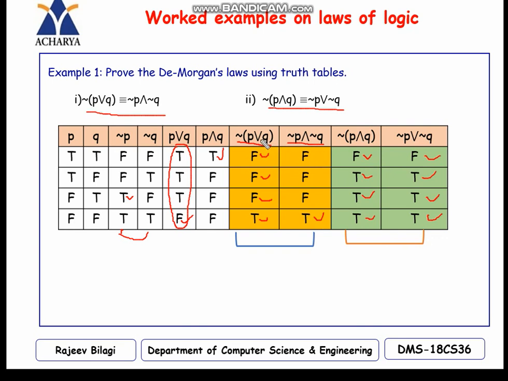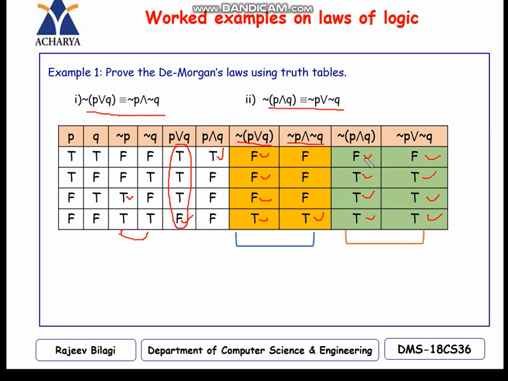So if you perform the biconditional operator here, this will be T, this will be T, this will be T, this will be T. So it contains all T's. Hence it is a tautology, and with that also I can say that this is logically equivalent.